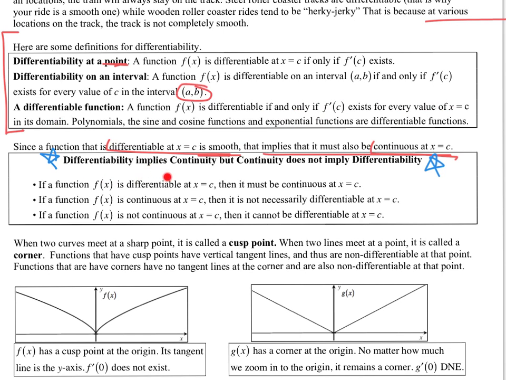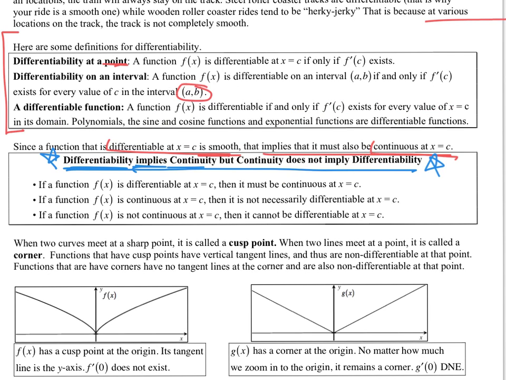Differentiability implies continuity, but continuity does not imply differentiability. A function could be continuous and not differentiable. But if it is differentiable, then it's automatically continuous. Super important.